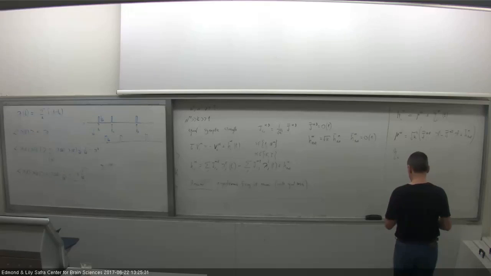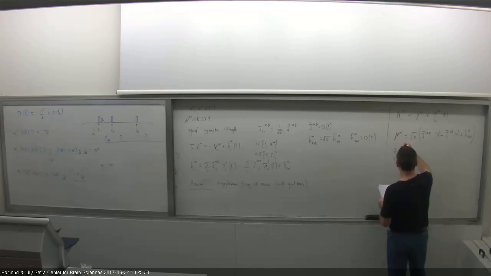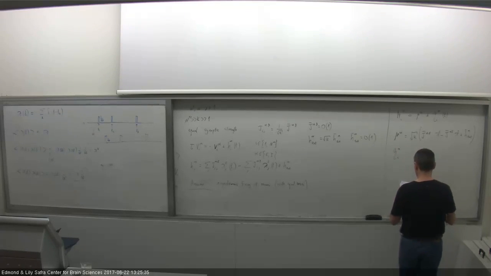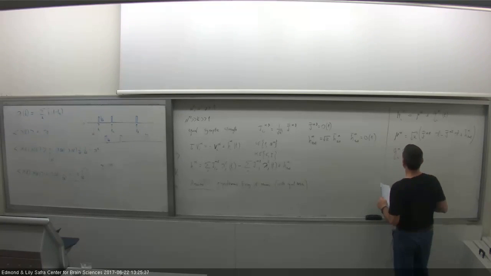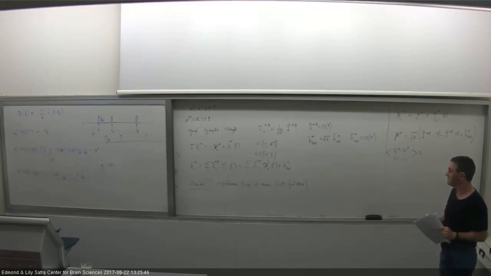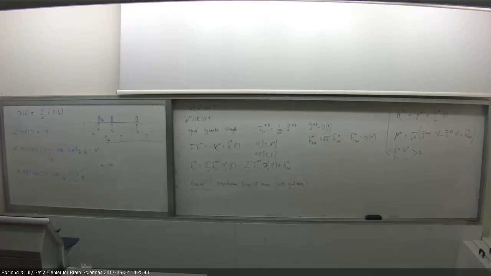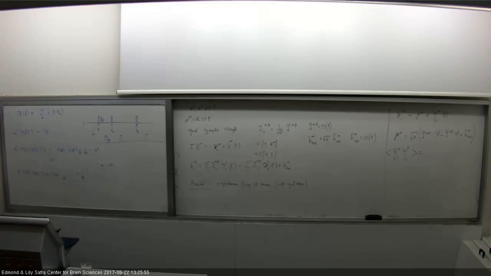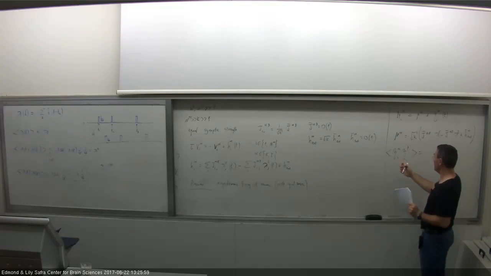So eta I alpha, eta j beta, average. Okay, so there will be two components here.